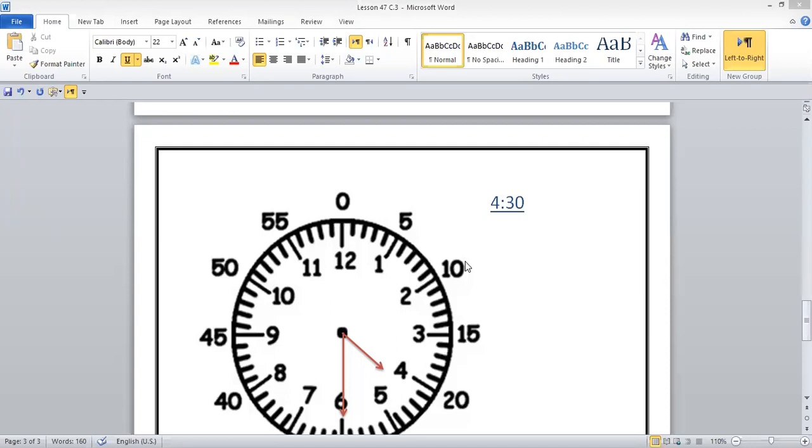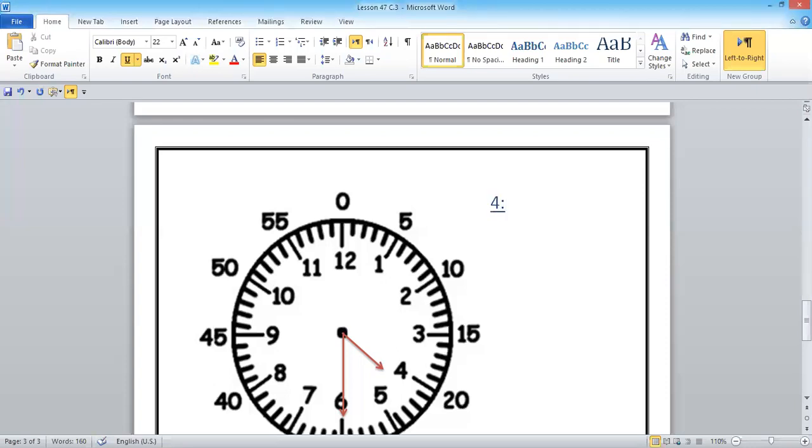Ammar. What time is it, Ammar? How will you write it? What should I write first? 4.